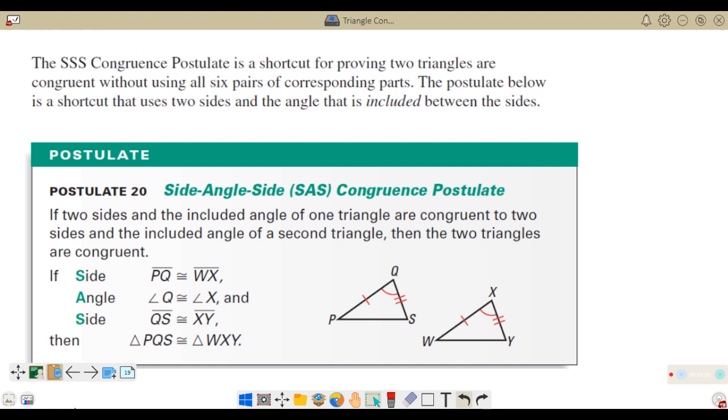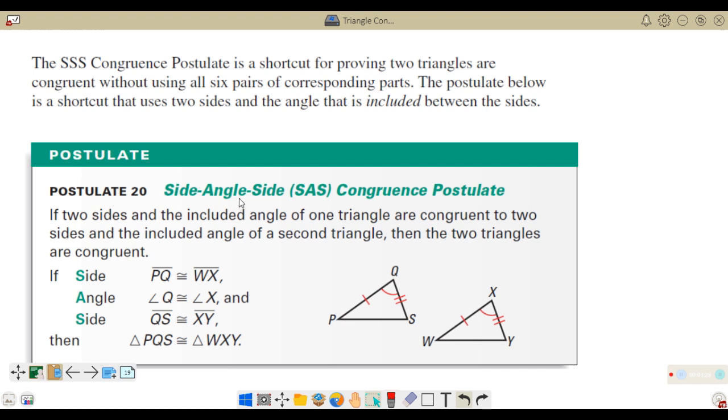Now, the SSS congruence postulate is a shortcut for proving 2 triangles are congruent without using all 6 pairs of corresponding parts. Meron pa tayong isang shortcut, and that is the side-angle-side congruence postulate. But we have to be very specific with the angle. As you will notice here, the angle is between the 2 sides.